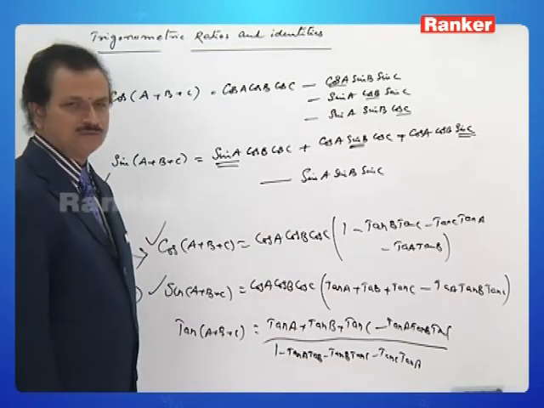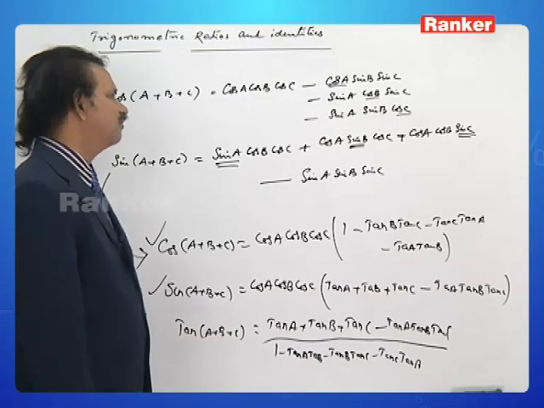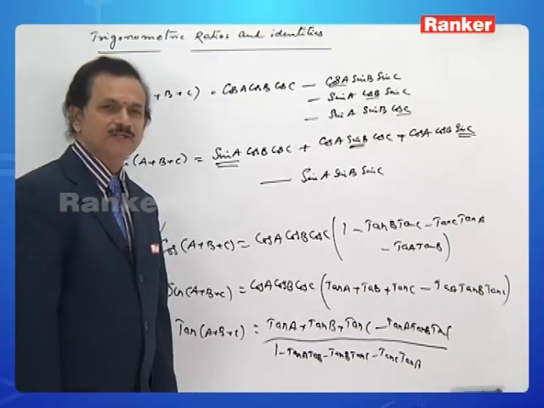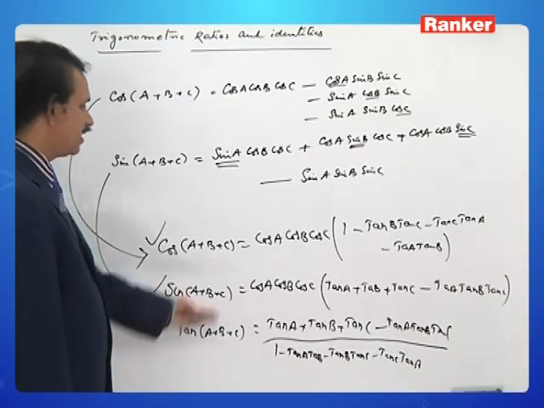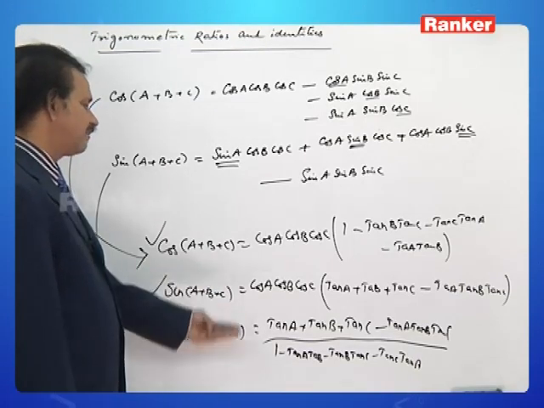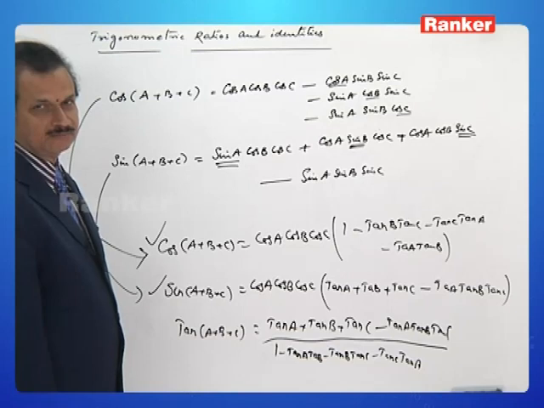Sin A cos B sin C. What will be the third term? Sin A sin B cos C. Right. And from these two, if you could get cos A cos B cos C out, you will be having tan of A plus B plus C directly. Good.